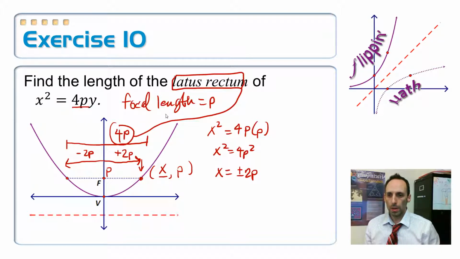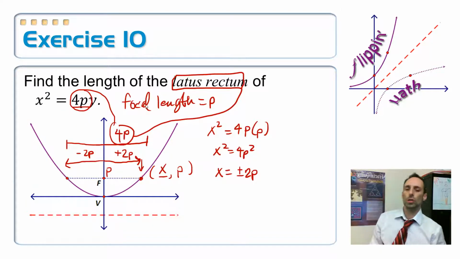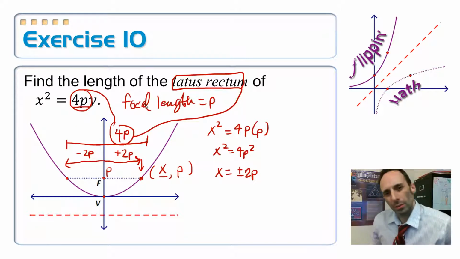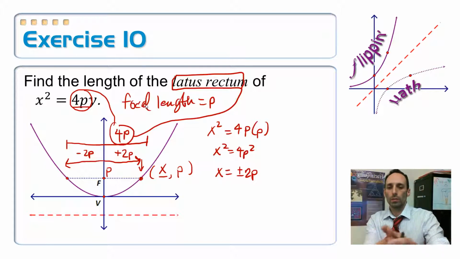Hey, 4p, that's also in our equation. Look at that. It's right there in the equation. How strange. Anyway, whenever I have the equation, that number out in front of the y or the x, whatever it is, usually in parentheses, is the length of the latus rectum.